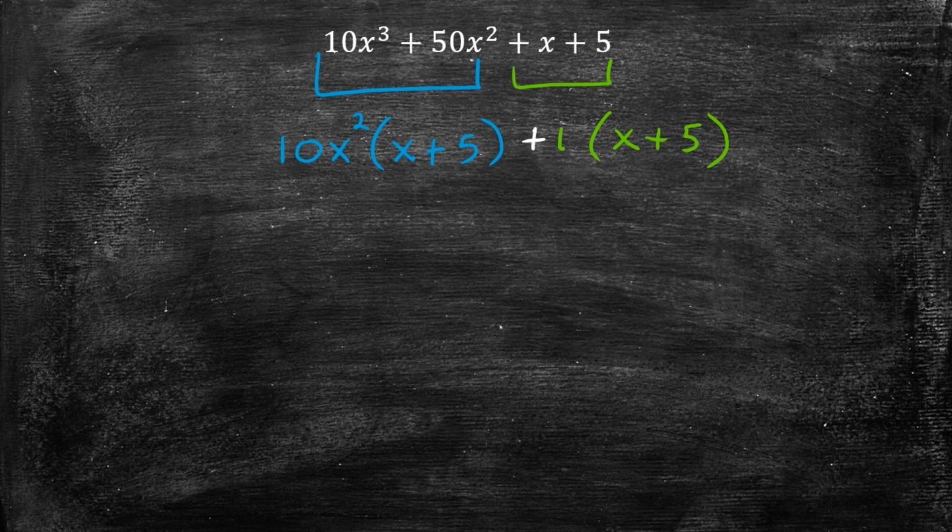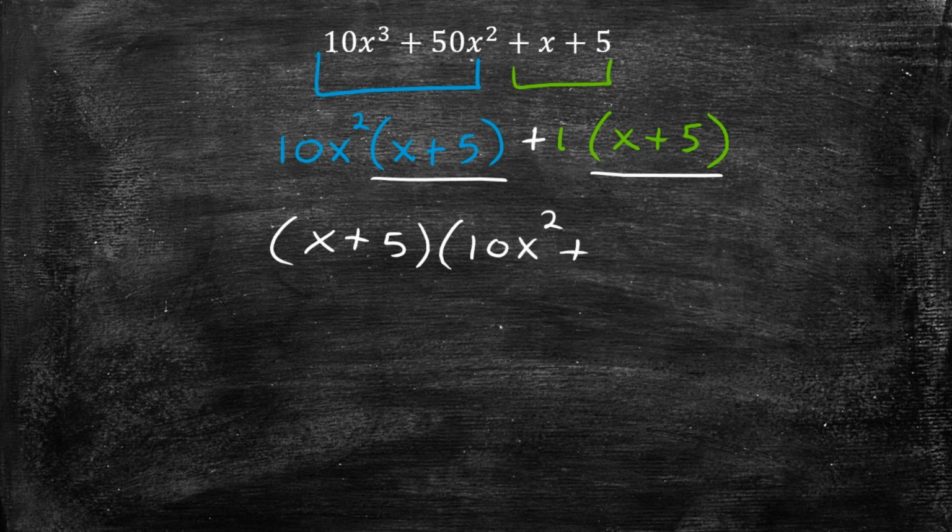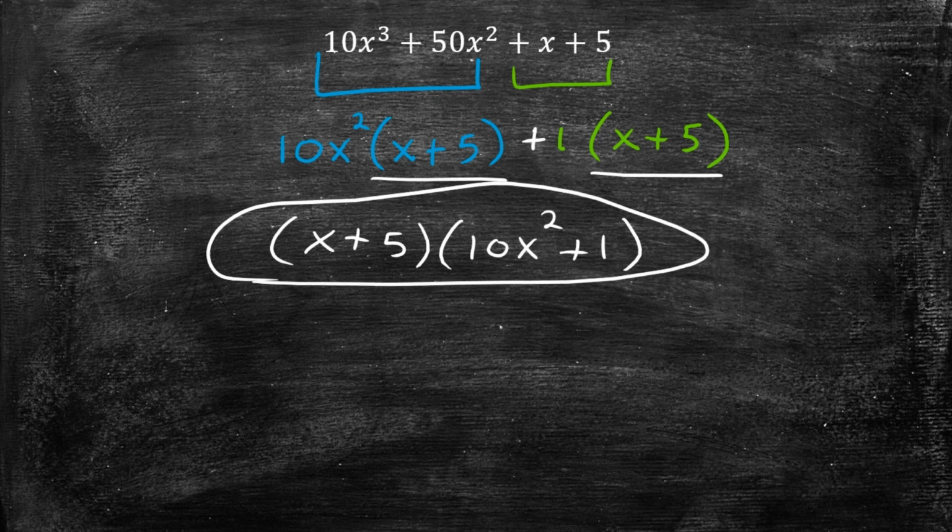All right, so now what we do is we factor out x plus 5 from both of those terms. And what we end up getting is x plus 5 times whatever is left over, which is 10x squared plus 1. All right, so this problem has been factored, therefore this example is complete.